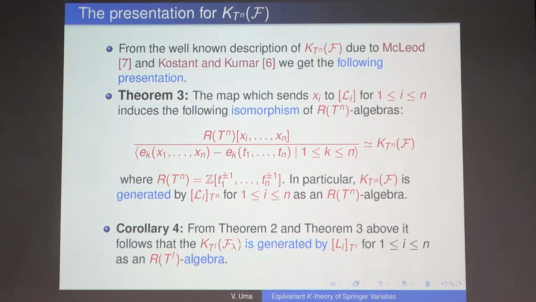So in fact, it shows that this TL equivariant K-ring of the Springer variety is generated by Li TL for 1 less than or equal to i less than or equal to n as an RTL algebra.